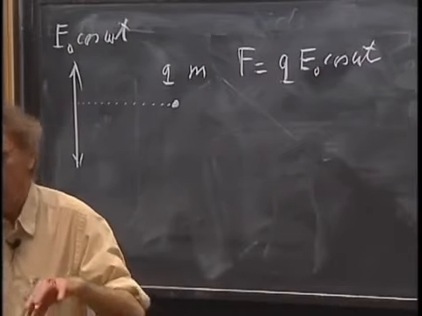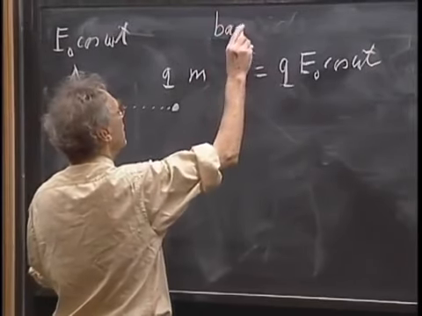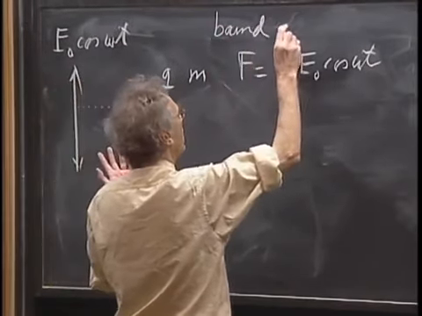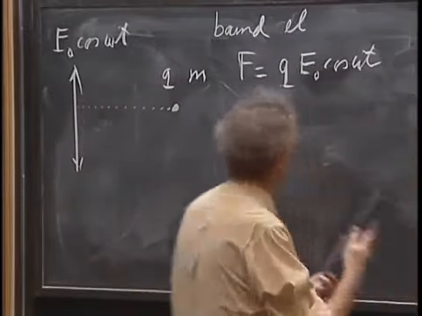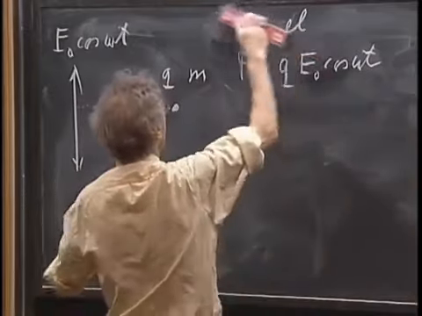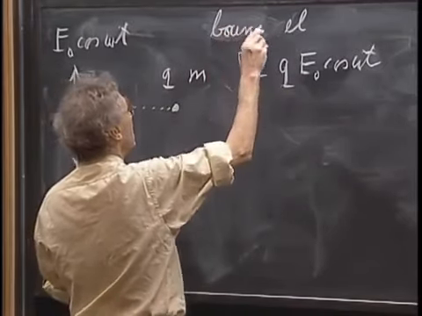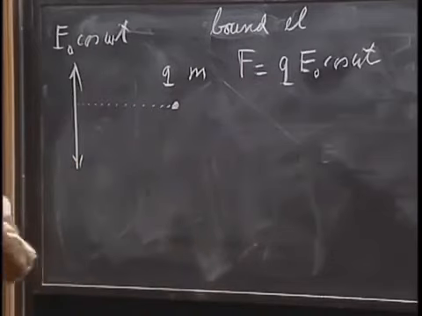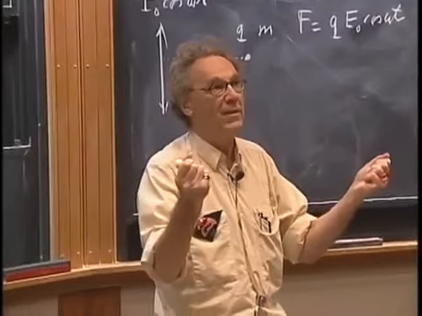Now, I do this for bound electrons. So these electrons are bound in an atom or in a molecule. So when you try to move them away from equilibrium, they don't like that. They experience a restoring force because of the Coulomb interaction in the atom, and they want to go back.